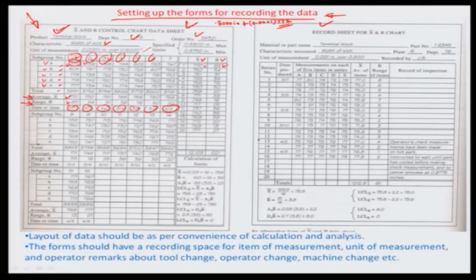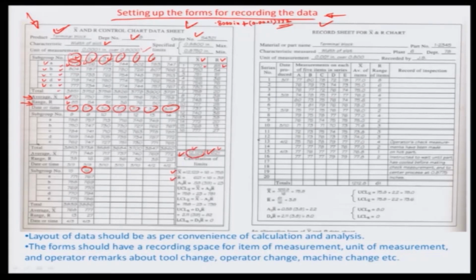So we are reporting 85, and this way between 1 to 16 subgroups that the recording has taken place, you have the various X bars and the various ranges. So, it is the total of all X bars and the total of all ranges. From that you can calculate the average by just dividing by 16, the number of subgroups, and that way you can calculate the X double bar and R bar.